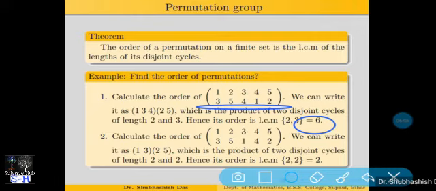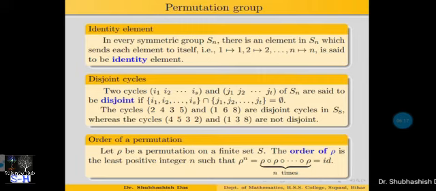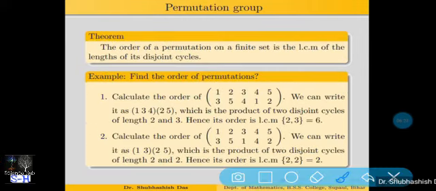Hence its order is LCM of 2, 2, which is equal to 2. Therefore, the order of this permutation is 2 and the order of this permutation is 6.